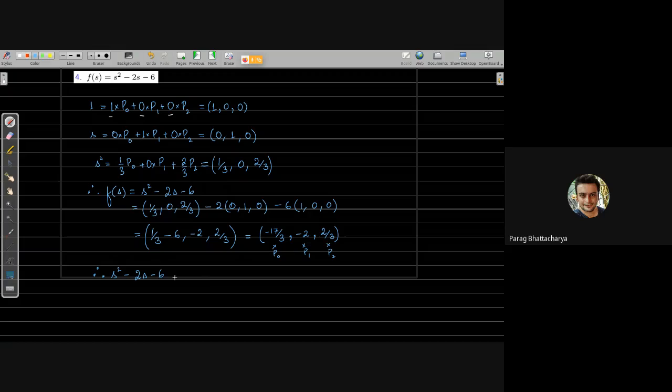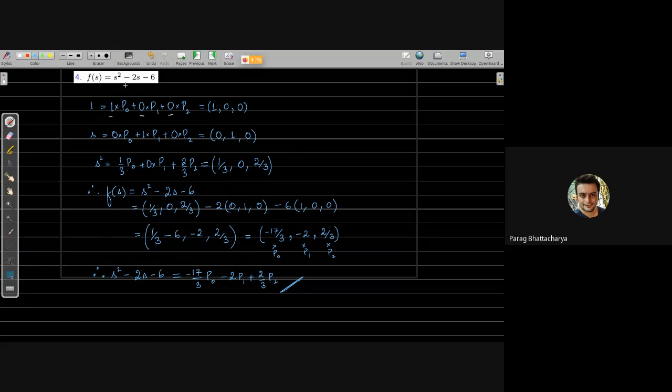So this will be simply equal to minus 17 by 3 into P0 minus 2 into P1 plus 2 by 3 into P2. That's how we write down this function in terms of the Legendre polynomials.